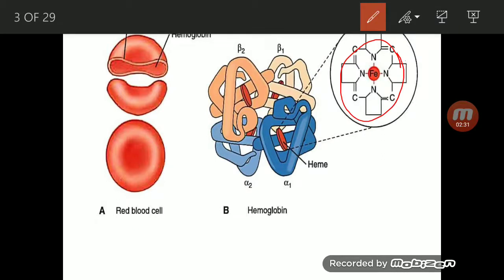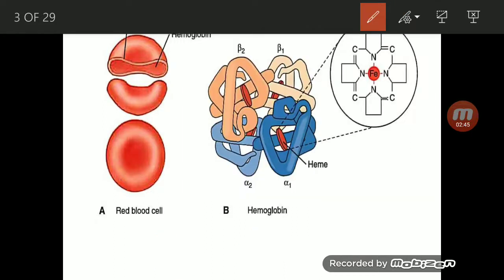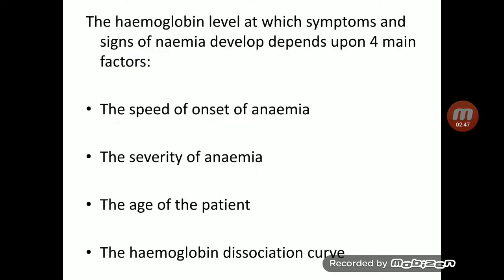And whenever we talk about heme, in the center of the heme it contains an atom of iron. So this iron binds to your oxygen, and thereby your RBC is able to carry oxygen throughout your body. Okay, so the symptoms that you see in anemia basically depend upon four main factors.